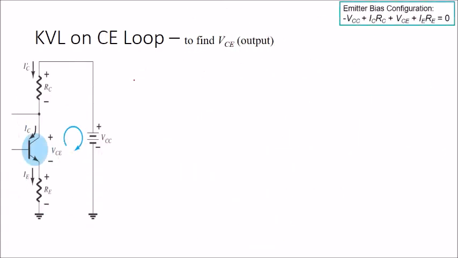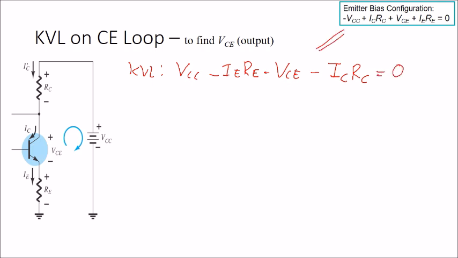For the CE loop, I think it is similar to the emitter bias configuration, so it's very direct. We use KVL on the clockwise loop, where we have positive VCC, minus IE RE, and then the voltage drop at the transistor, and then the voltage drop at the C. Please remember that IC prime is equal to IC, so here I just use the value of IC, and this equals 0.